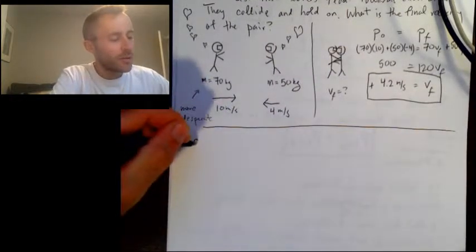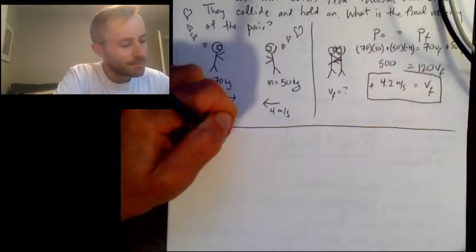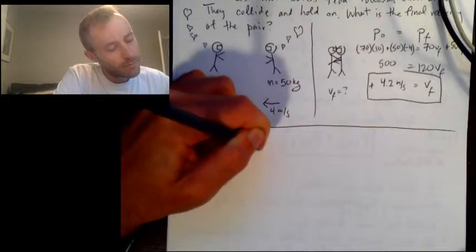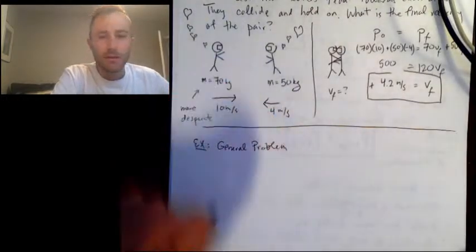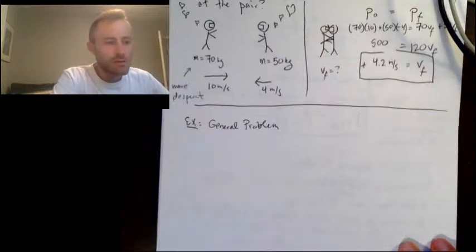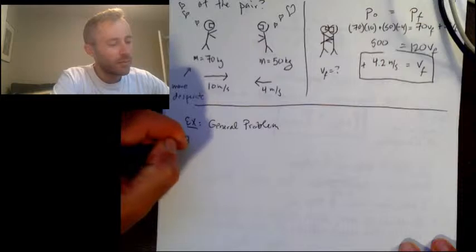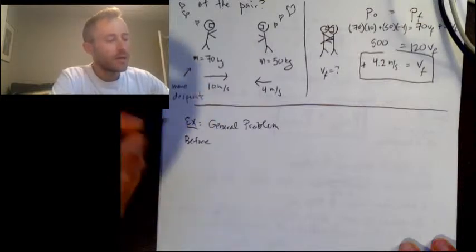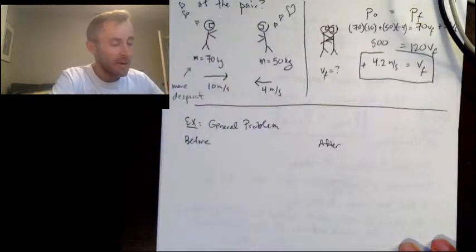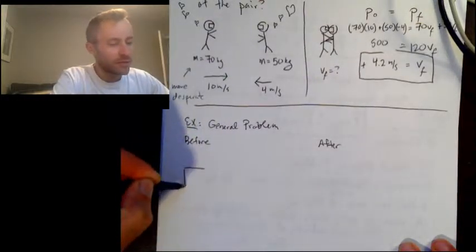The third example I would like to do, I'm just going to call it a general problem. Just for this general problem, we have a before the collision and an after the collision. Before the collision, I'm just going to have this be with blocks.